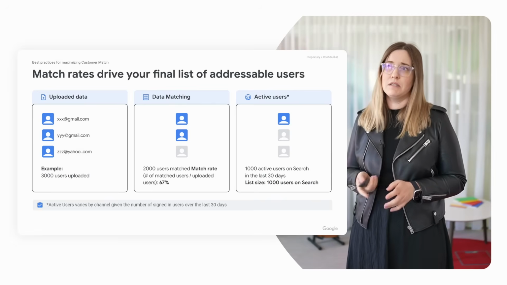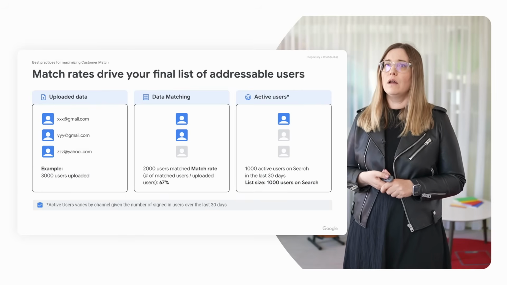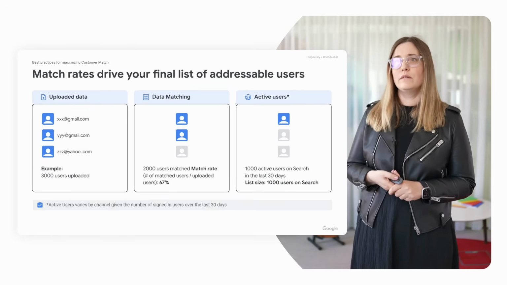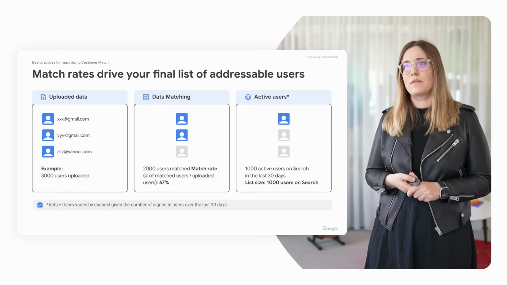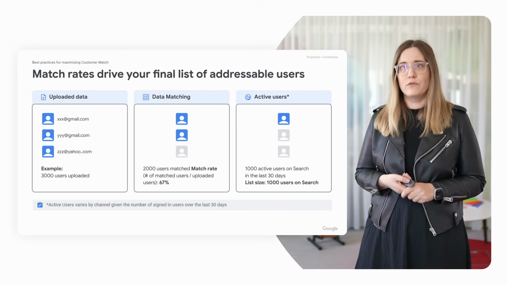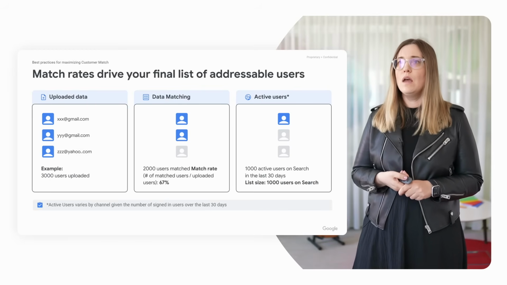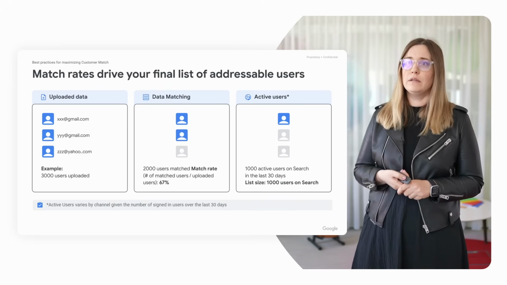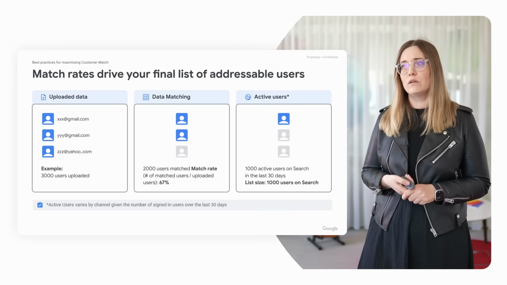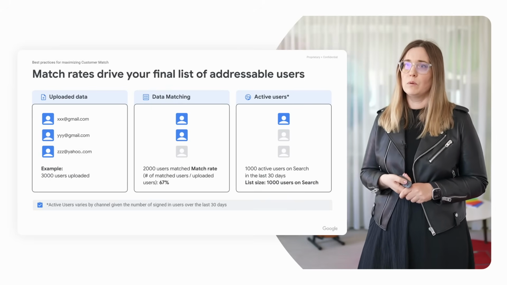Let's say, in this scenario, that we are able to target just 1,000 active users on search in the last 30 days. This will give us an ultimate list size of just 1,000 users on search to target. You can see from this example that it's crucial to have as many records as possible with as many match keys as possible, uploaded frequently.